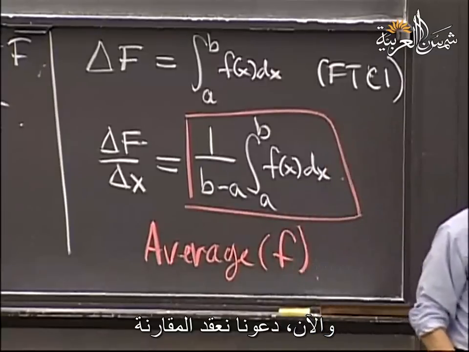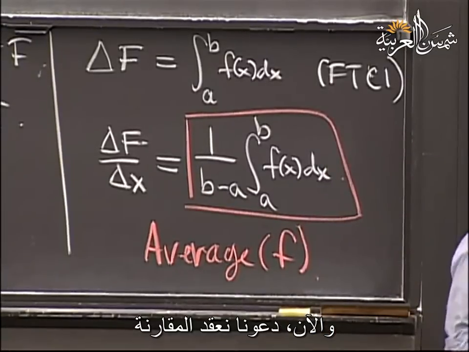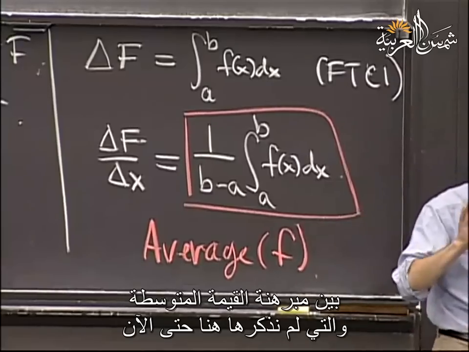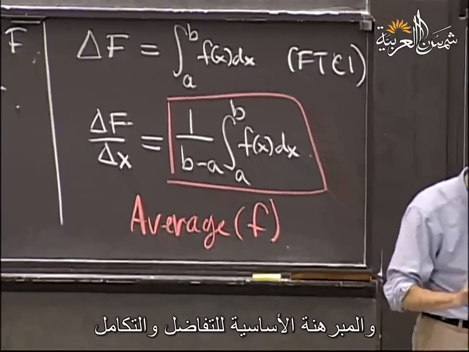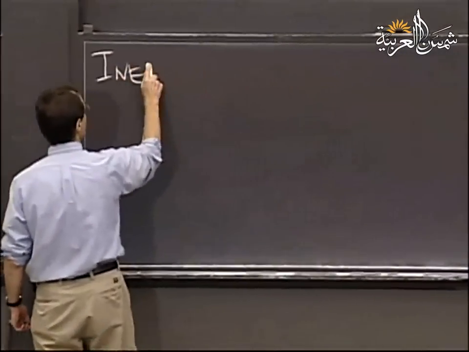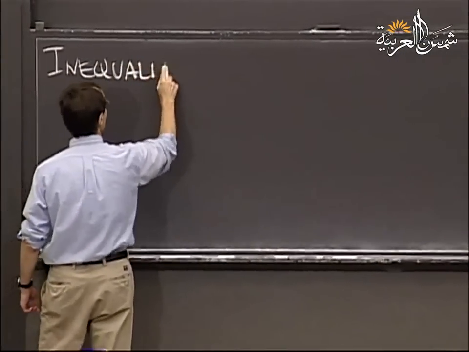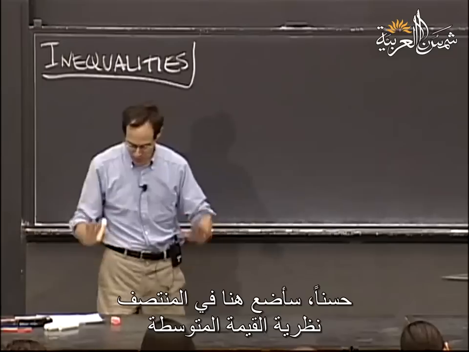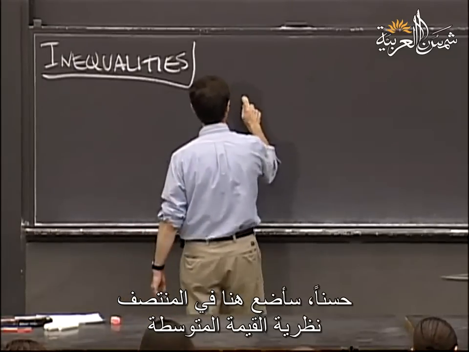Now, so this is going to permit me to make the comparison between the mean value theorem, which we don't have stated yet here, and the fundamental theorem. And I'll do it in the form of inequalities. So right in the middle here, I'm going to put the fundamental theorem.